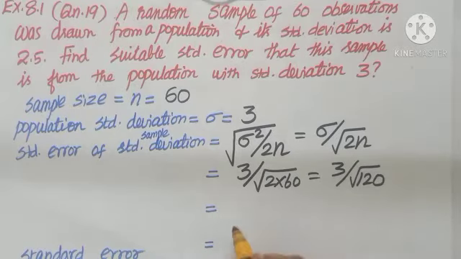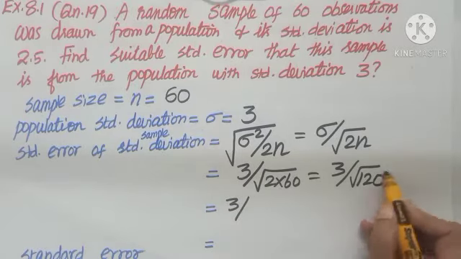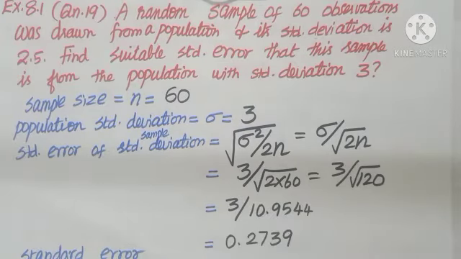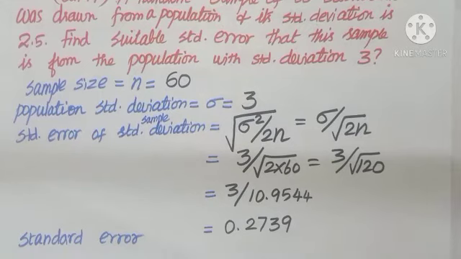Calculate and write the answer. First you calculate root of 120 and then divide and write the answer. Root 120 is 10.9544. As we divide, we get the standard error is 0.2739 and that is the answer.